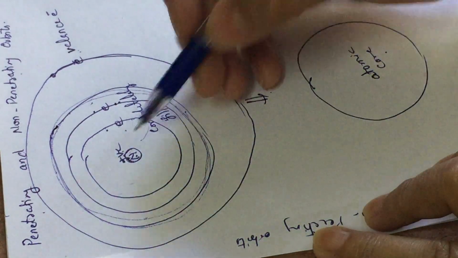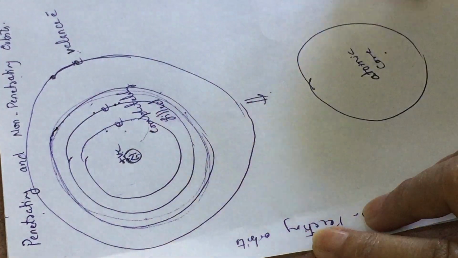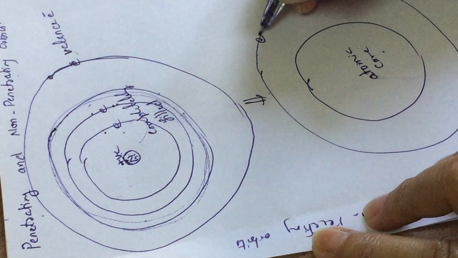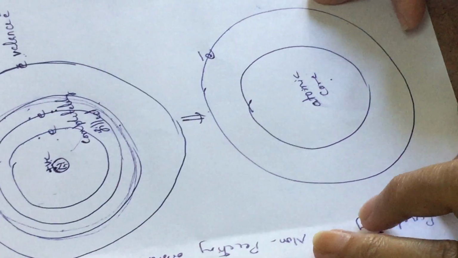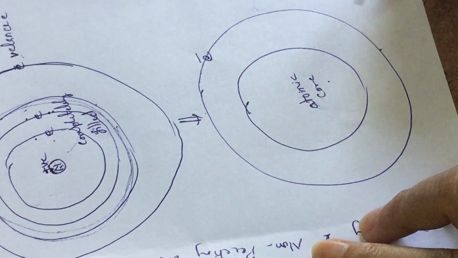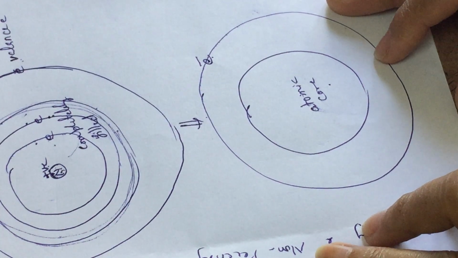This atomic core has our nucleus as well as these completely filled shells, and this is our valence electron which is moving in an orbit. It depends whether it is moving in a circular path or in an elliptical path.